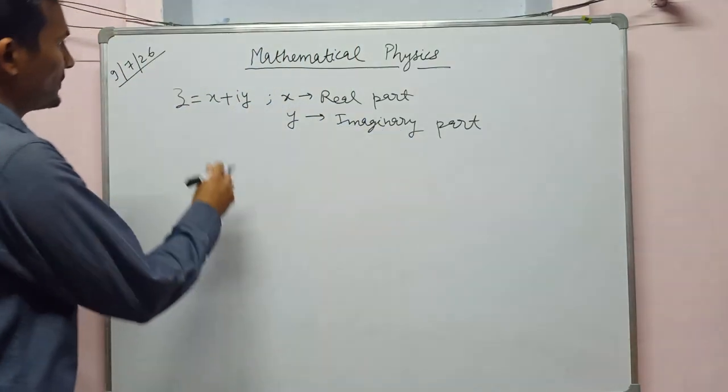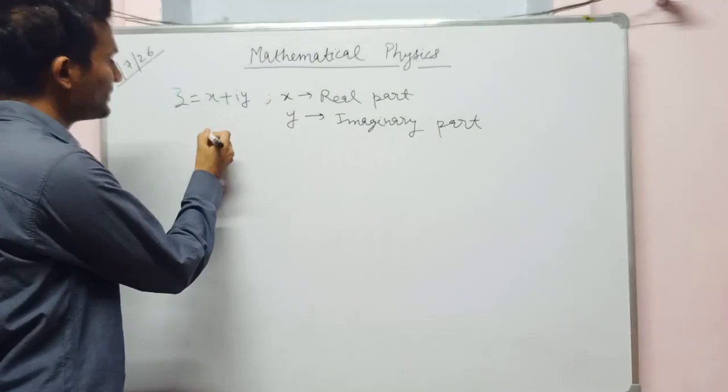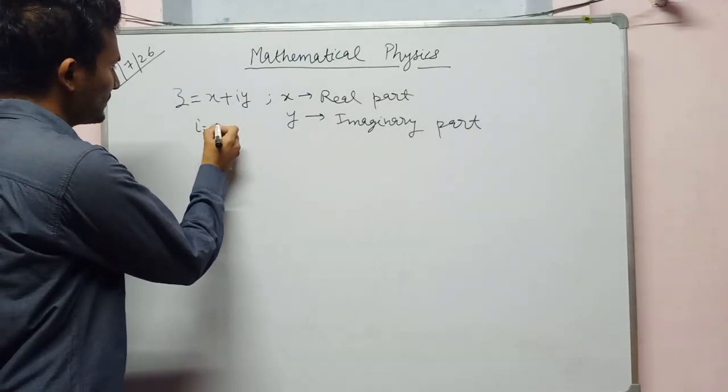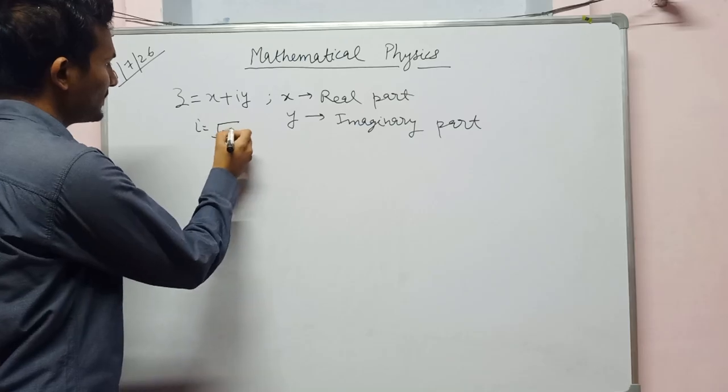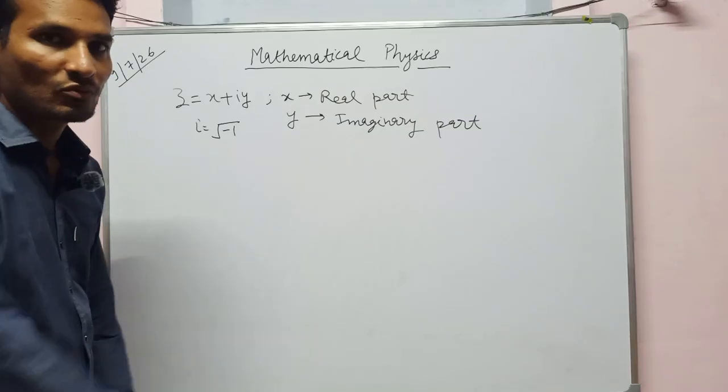And the third thing you can see here is i, which by definition is equal to square root of minus 1.